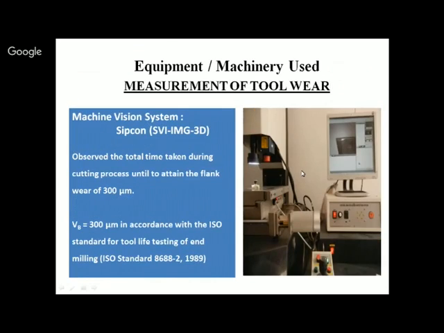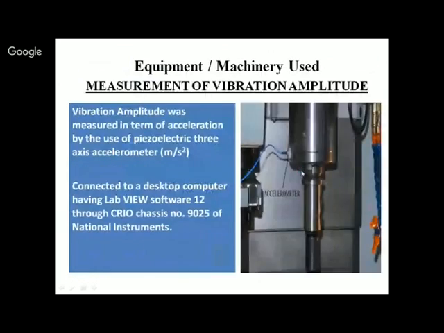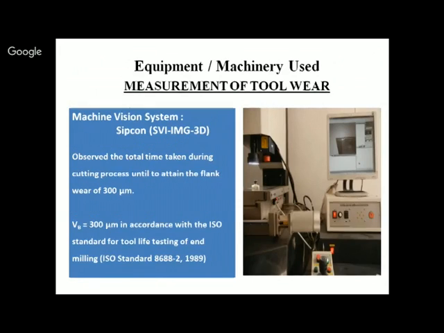This is the chassis for capturing this vibration amplitude, and the amplitude is given in terms of acceleration, that is, the vibration I have measured, in meter per second square. The signal it delivers is captured in a computer, and that signal can be used in my experimental work.